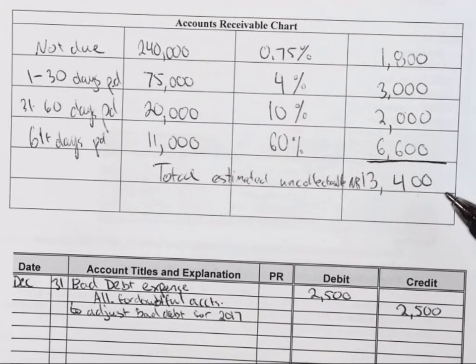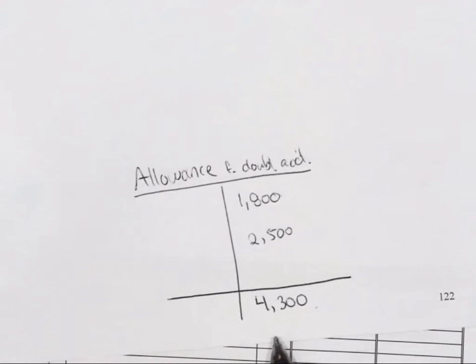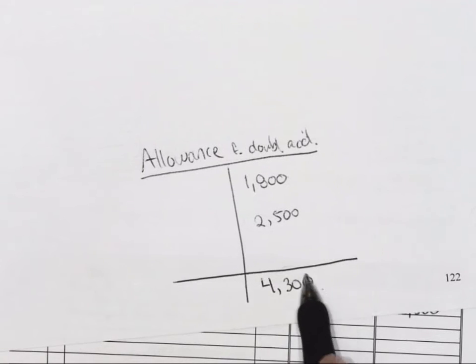Is this the amount that we're going to expense? No. Why is it not the amount we're going to expense? Well, let's think about it. It's going to become our new balance.